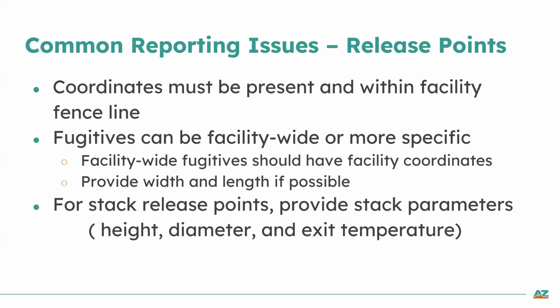For stack release points, please provide stack height, diameter, and exit temperature. Fugitives can be lumped into a facility-wide area or a specific area. Either way, provide the coordinates and, if possible, width and length of the release area.